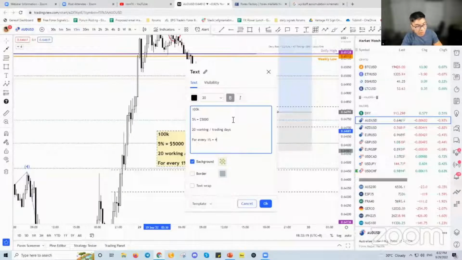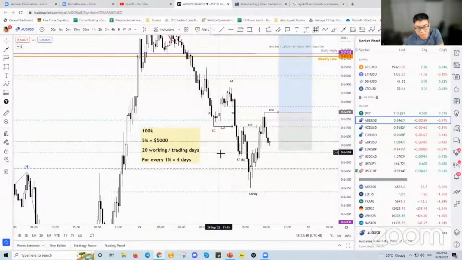Every 1%, we need 4 days. So you've got all the time in the world. You can sit down, slowly check 1 hour charts, plan everything properly, and get that one trade every 4 days. Every 4 days, you just get 1% on a huge account. You can probably live off it if you are not living a luxurious lifestyle.